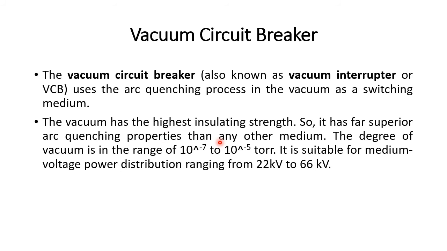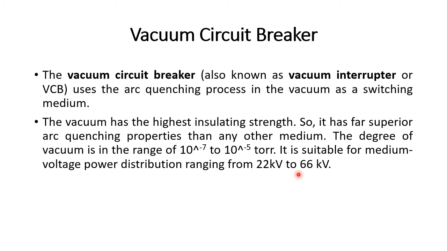The degree of vacuum is in the range of 10 to the minus 7 to 10 to the minus 5 torr. So it is suitable for medium voltage power distribution ranging from 22 kV to 66 kV. But when you look at the SF6 circuit breaker, they are effective for high voltage application, ranging from 33 kV to 800 kV.